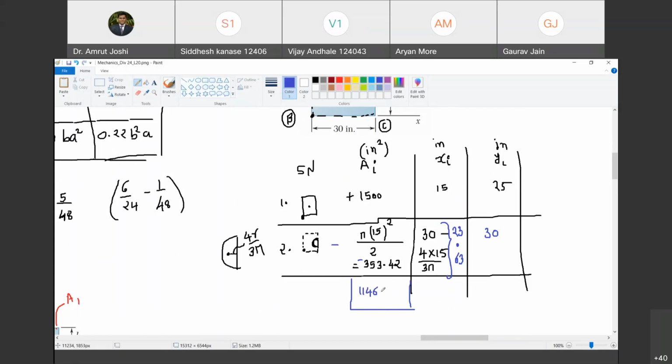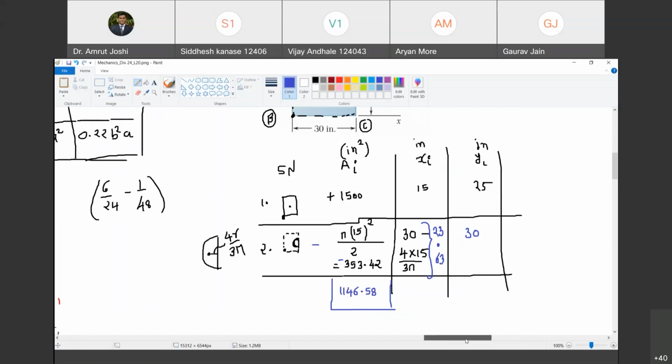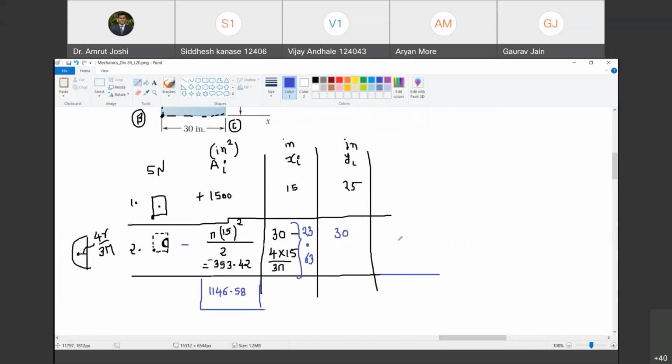Right. Now, let us try to find out summation Ai xi. So let me write that here. Can you tell me how much is 1500 multiplied by 15? So 22,500. Happy? Yes, sir.